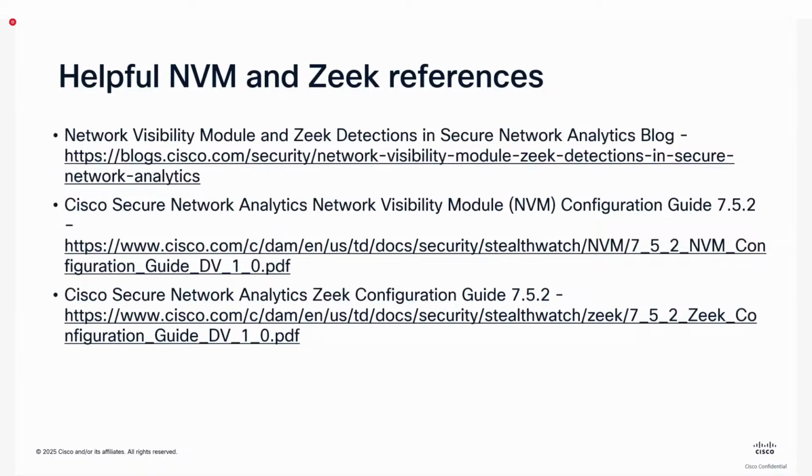We've also got a Network Visibility Module configuration guide. This is for version 7.5.2, our latest release here. And we also have a Zeek configuration guide to assist you with getting those Zeek logs into Secure Network Analytics. And again, this is the latest version here in 7.5.2.